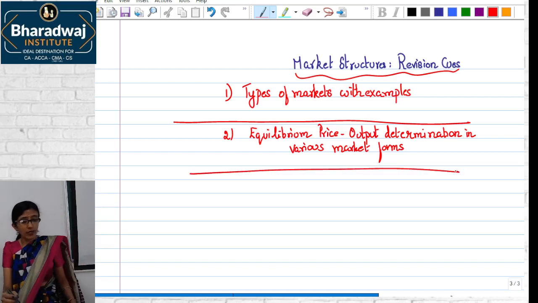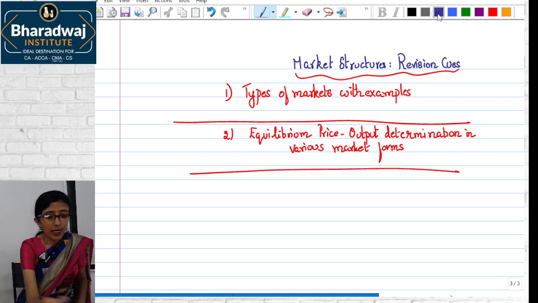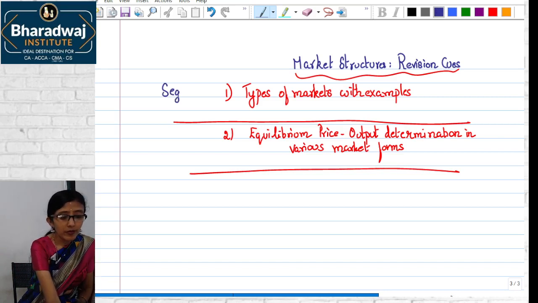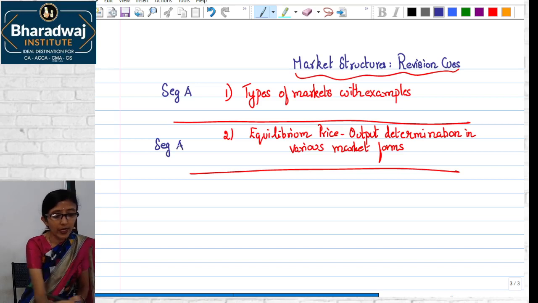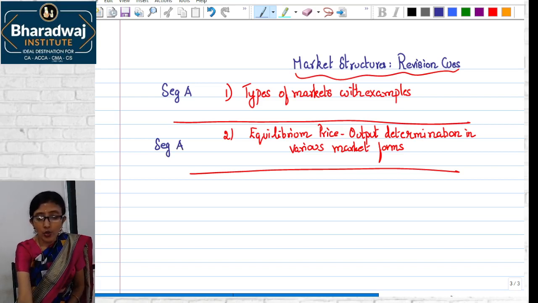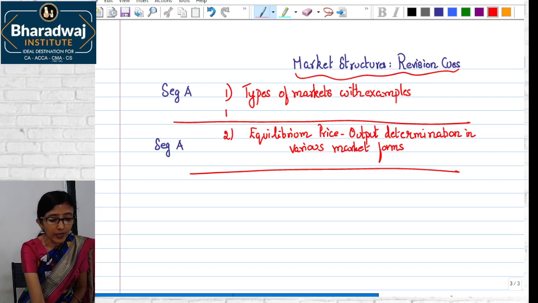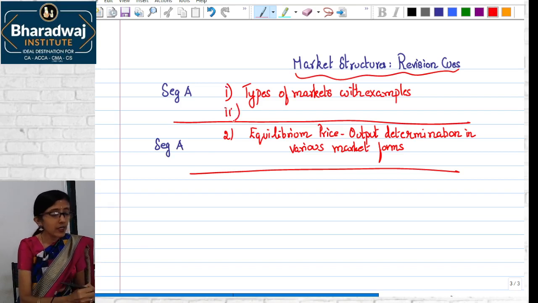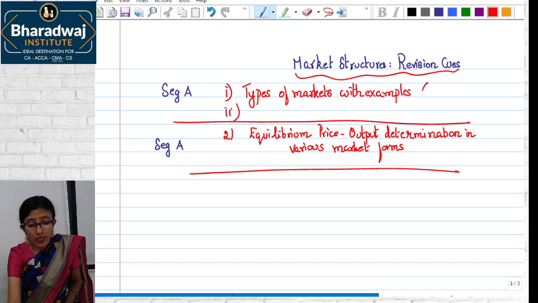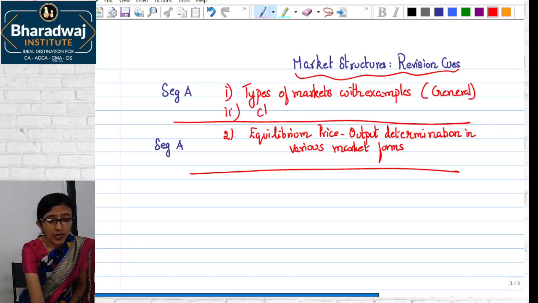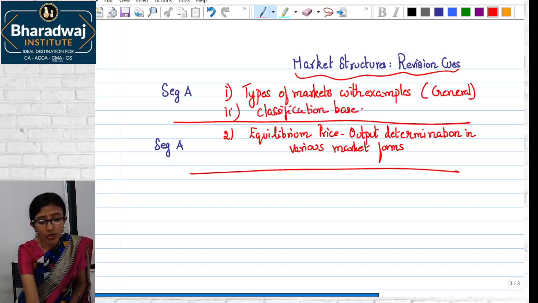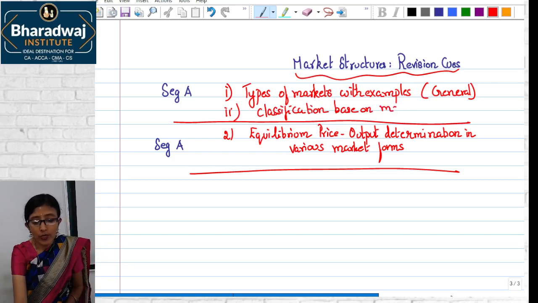My dear students, keep this as segment A and this as segment B. Now in segment A, you have one, you also have a second one. This is general classification. This is classification based on markets only.